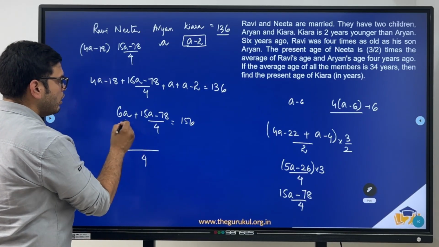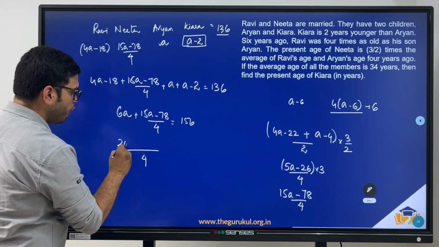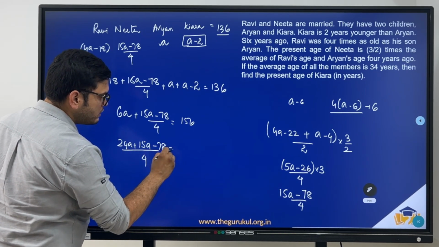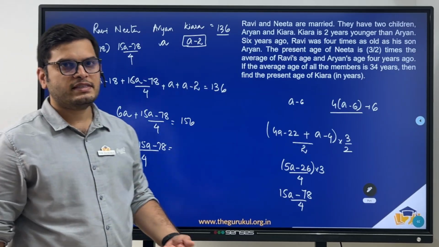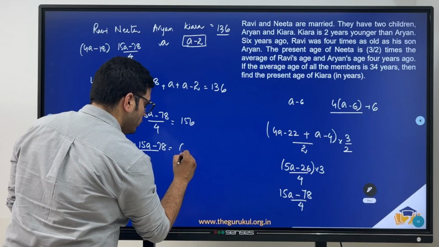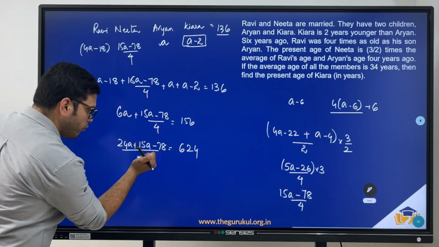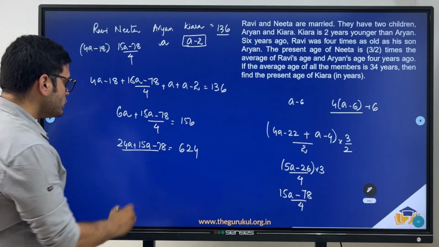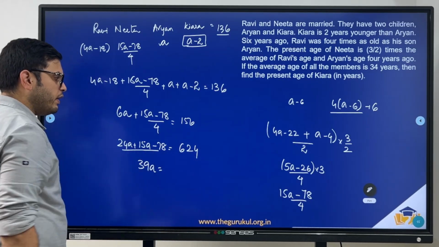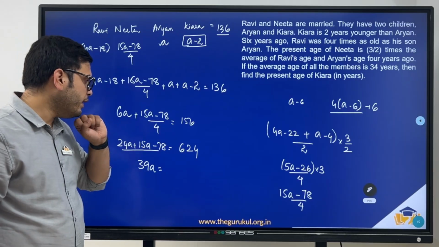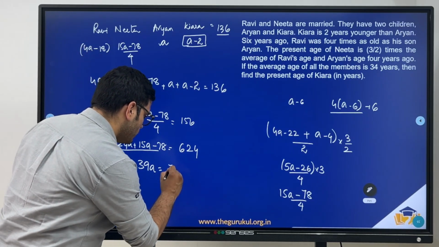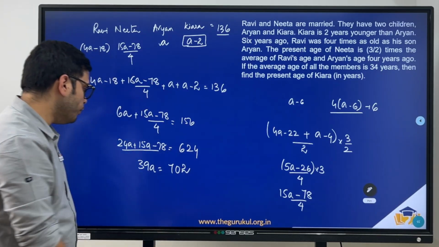Now let me take the LCM. We have 4, 6 into 4, 24A plus 15A minus 78 is equal to 156 into 4, 624. Right? So 39A is equal to 624 plus 78. Now 624 plus 8 is 632, plus 70, 702. Right?